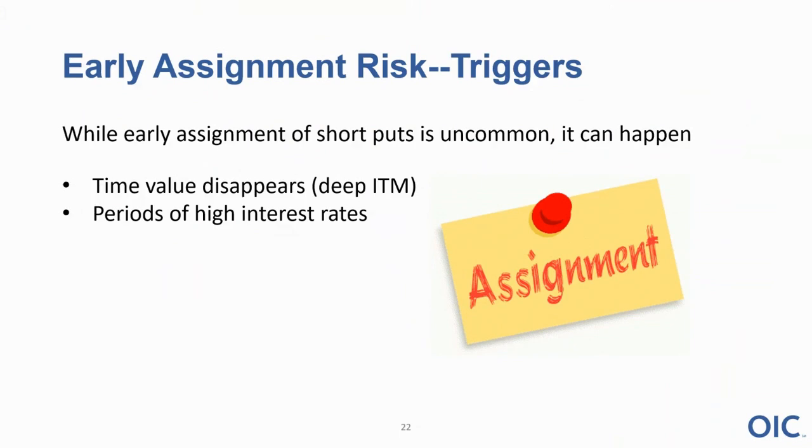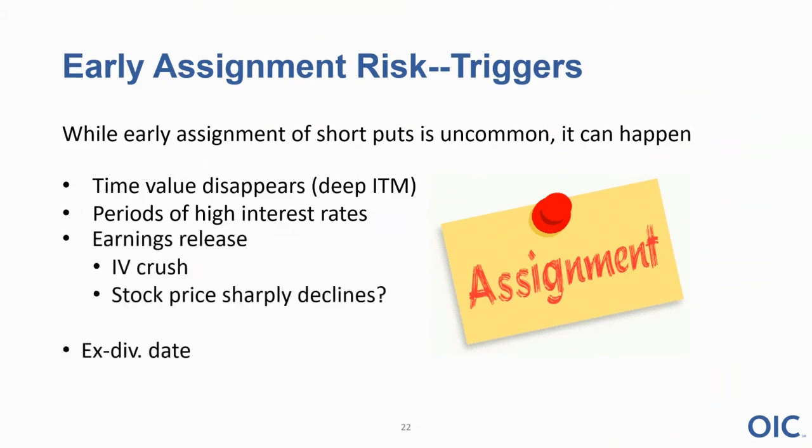If I can earn a high rate of return on that $10,000 cash, it might make more sense for me to exercise my contract and collect the higher rate of return because of high interest rates, rather than holding on to that put contract that really isn't doing much for me because it's so deep in the money.